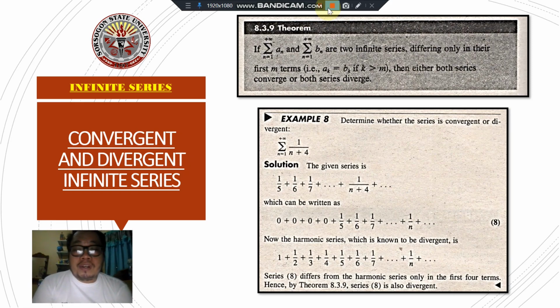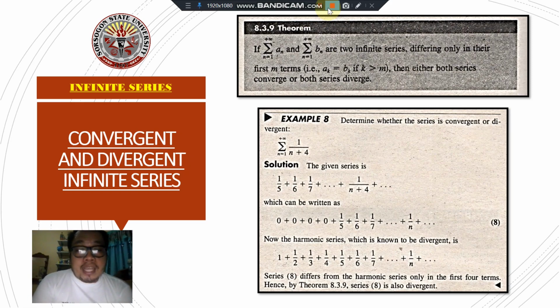That is based on the given u sub n. We will replace n with 1 up to 3. So that is the reason why we have listed 1/5 plus 1 over 6 plus 1 over 7 plus up to 1 over n plus 4 as the nth term plus up to infinity.